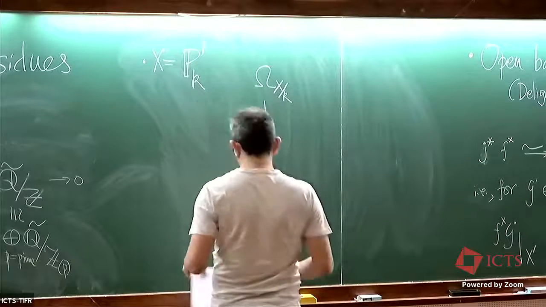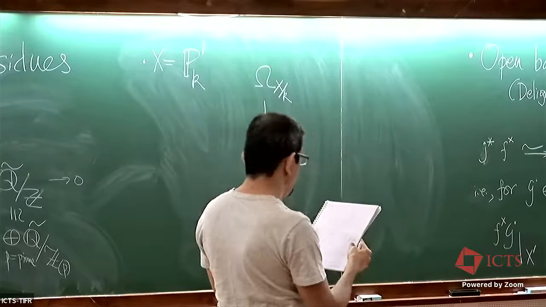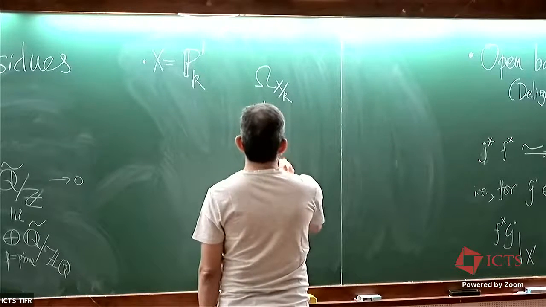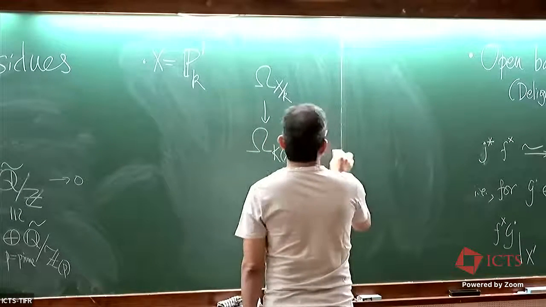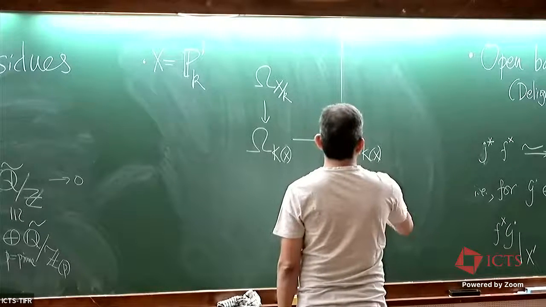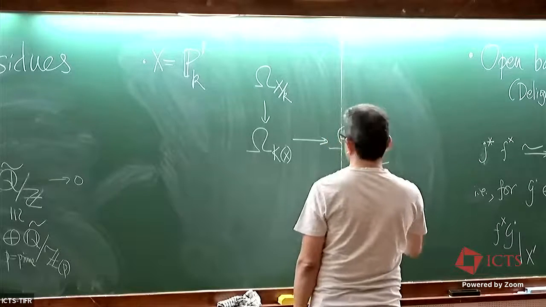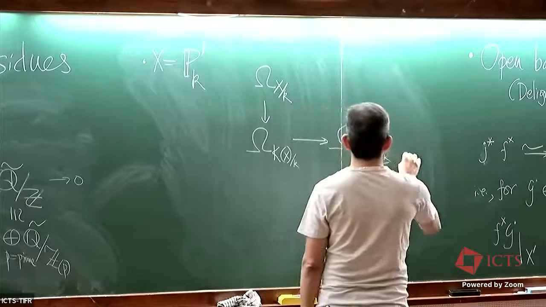I don't know what a good way of writing this is, so I'll use some ad hoc notation, omega. This is the sheaf of meromorphic forms, a constant sheaf.